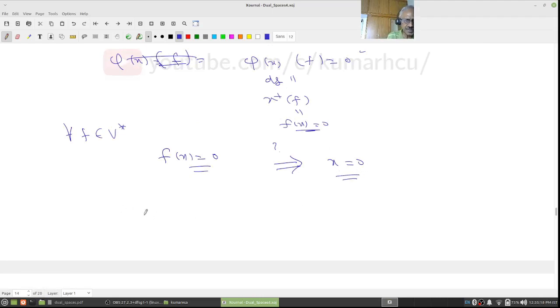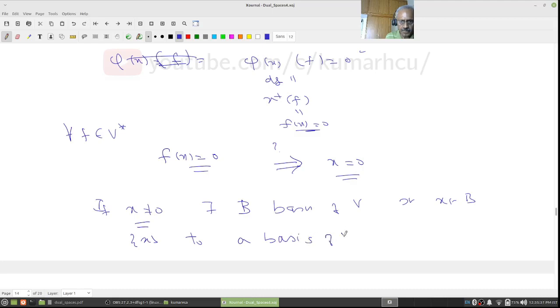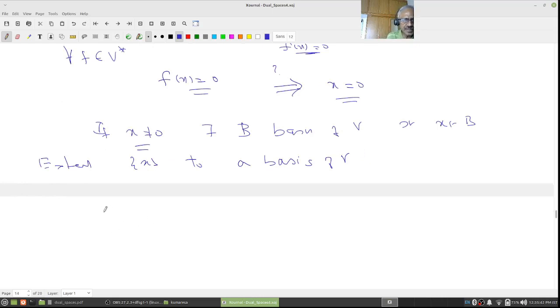That is very obvious, because if x is not 0, then there exists a basis B of V so that x is in B. That is, I am extending the singleton x to a basis of V. Now define a linear function f from V to R. Now all of you know the trick. f of x equal to 1, and f of b equal to 0 if b belongs to B but b is not equal to x.